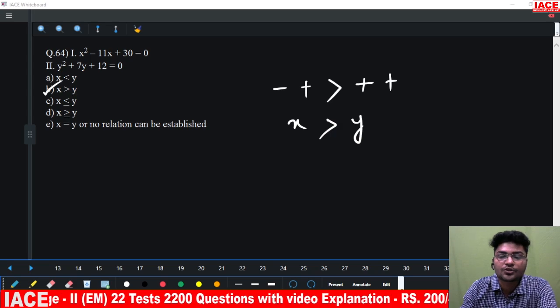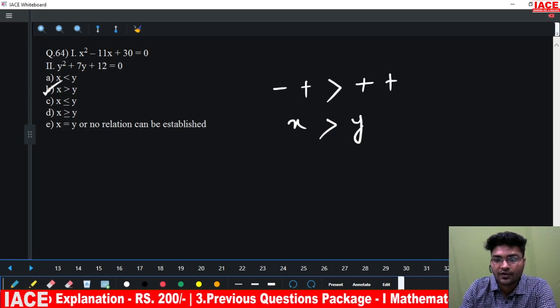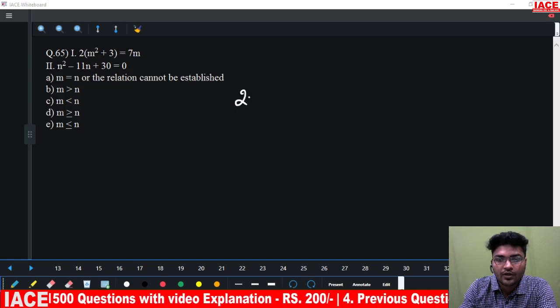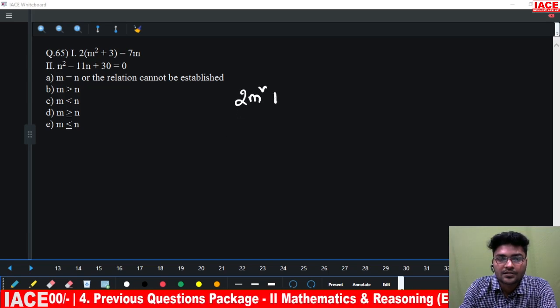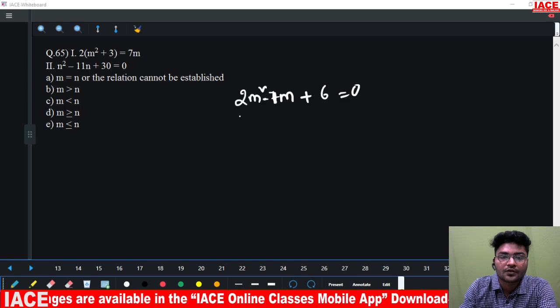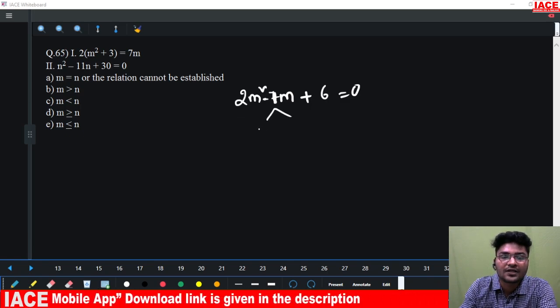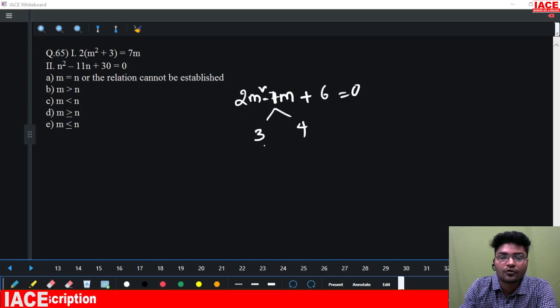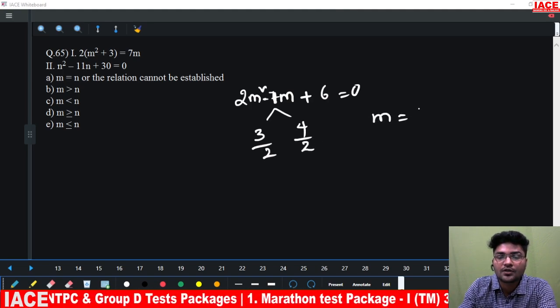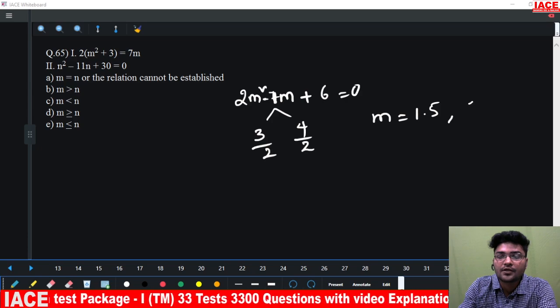Next question. Question number 65. What we have here? 2m square plus or minus 7m plus 6 equals to 0. So 2 into 6 is 12. So I have 3 and 4 by 2 and by 2. So value of m comes out to be 1.5 and 2.